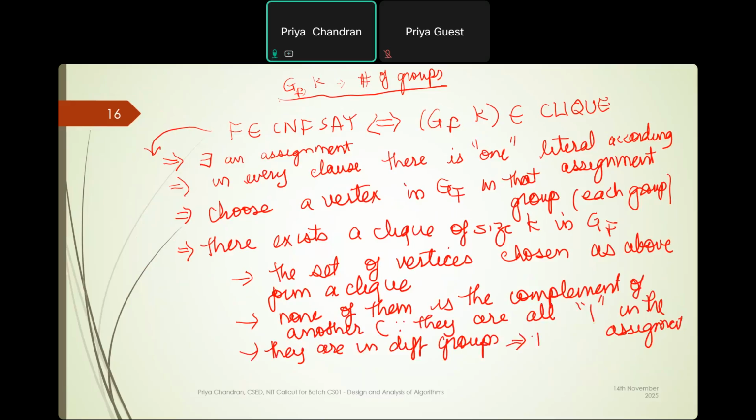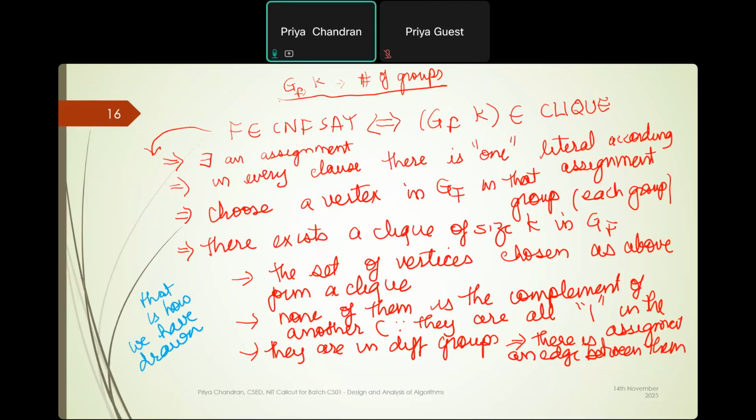This implies that there is an edge between them. Why should there be an edge between them? Because that is how we have drawn the edges. We have drawn all the edges possible except from vertices in the same group.